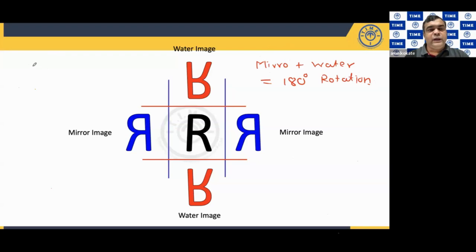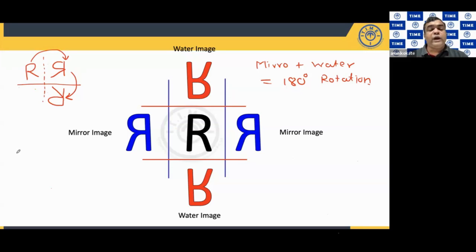So for example, let me show you the letter R only. This is your letter R. Its mirror image is like this. And for that mirror image, if you take a water image of that, it will look like this.